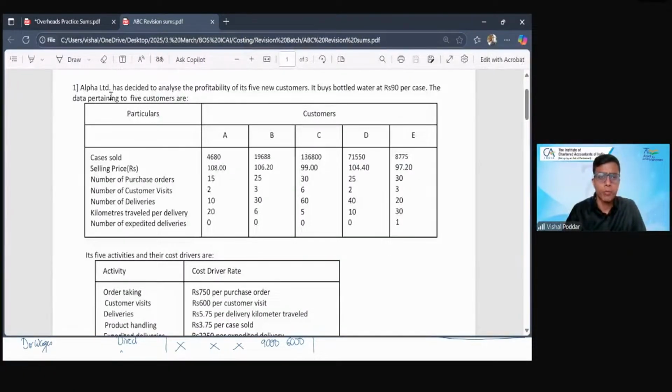So see, what is asked in the first question? Alpha Limited has decided to analyze the profitability of its customers. So till now we were doing costing, we were finding out profit of products. Now see how ABC changes the game. In ABC, you can even find out the cost or the profit for each customer category.